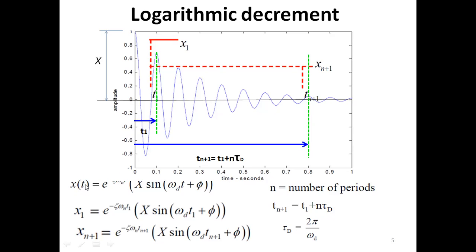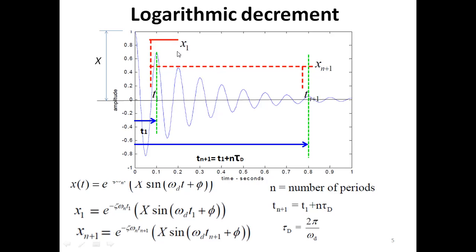Generally, the displacement x of t could be written as exponential minus zeta omega n t times X sine omega d t plus phi. We could write this equation for amplitude x1 and also for amplitude x n plus 1.